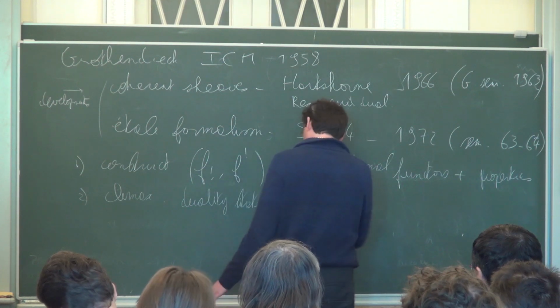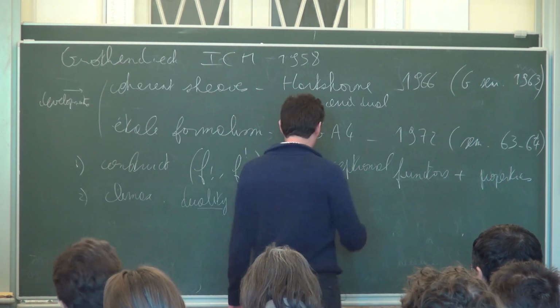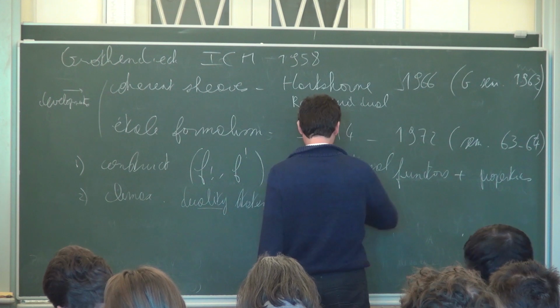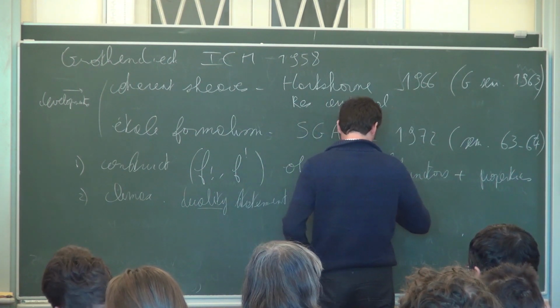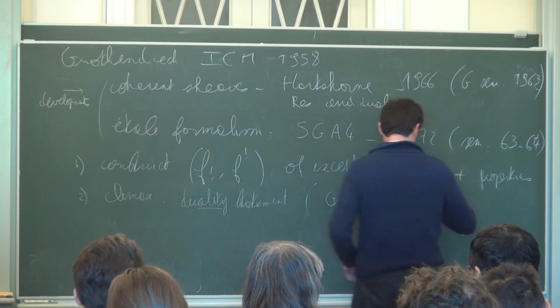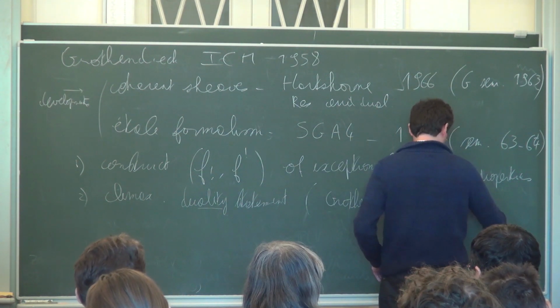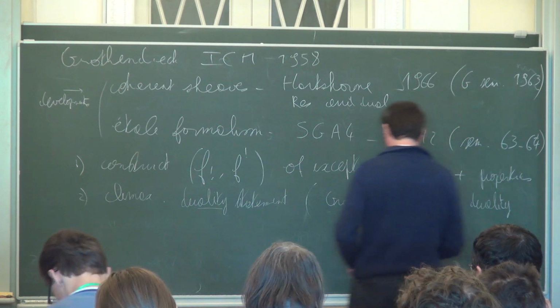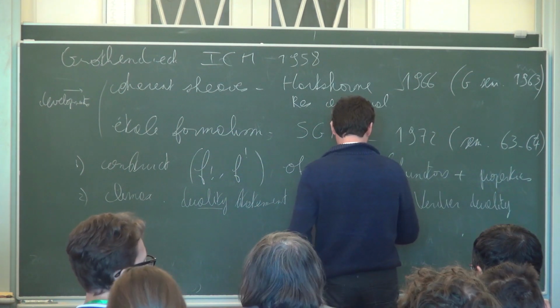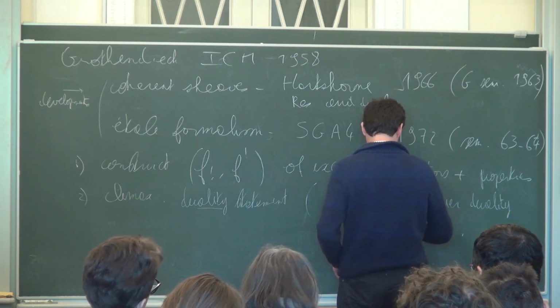This is slightly vague, and I will explain why, but this is usually called Grothendieck-Verdier duality. Or sometimes there are other local duality things like that.